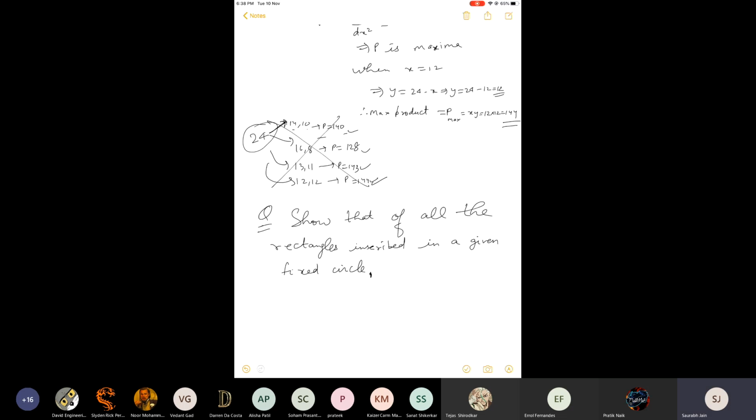Okay, so show that of all the rectangles inscribed in a given fixed circle, the square has maximum area. This is the question.